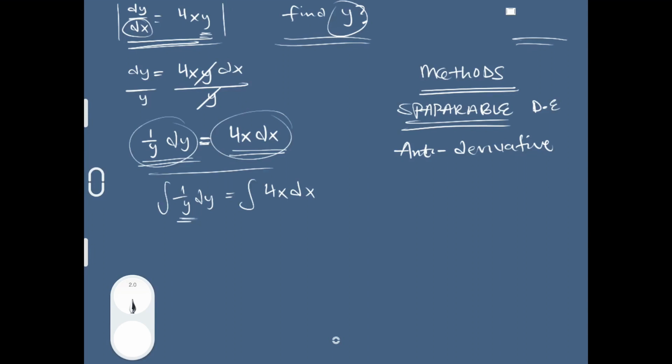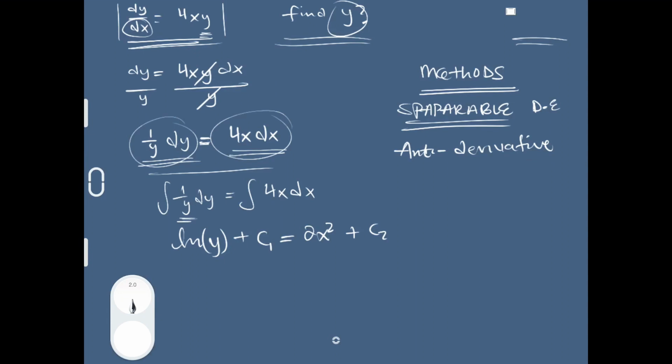So it's ln of y plus some arbitrary constant c1 is equal to, let's say, the antiderivative of 4x is just 2x squared plus c2. This is c1 and this is c2.